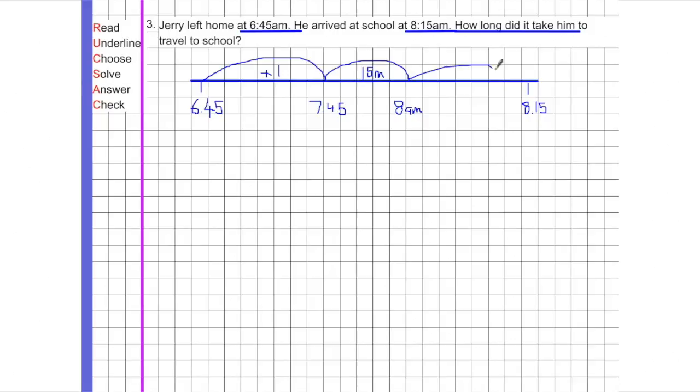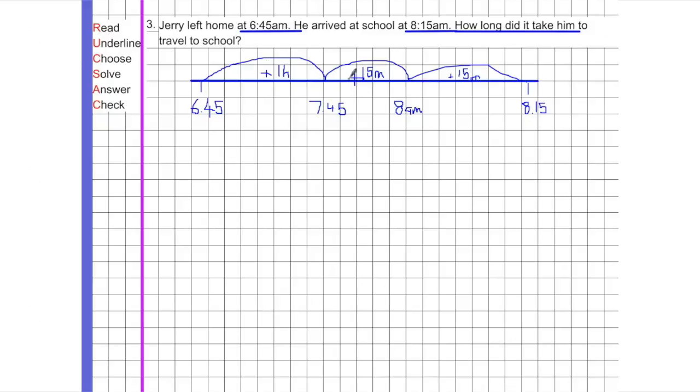So, another 15 minutes. And I should really put my plus signs in, but I'm just trying to avoid doing extra writing with this touchpad. Okay, so we've got 15 minutes, and an hour. Let's add it all together now.